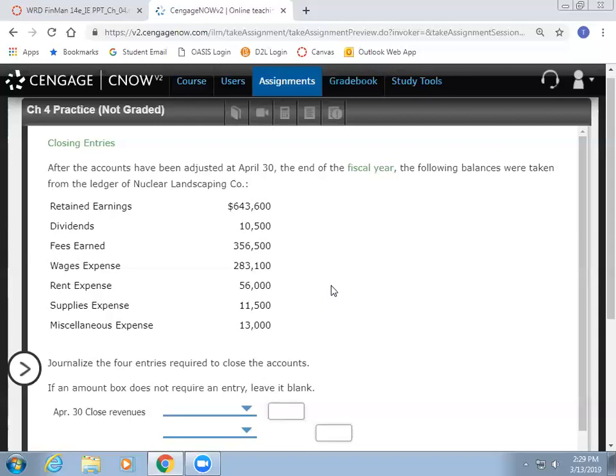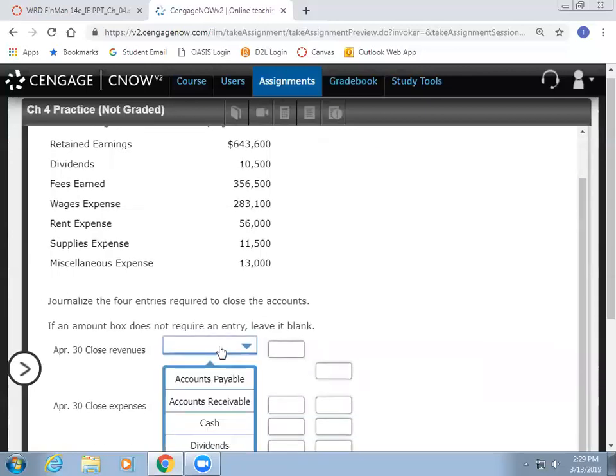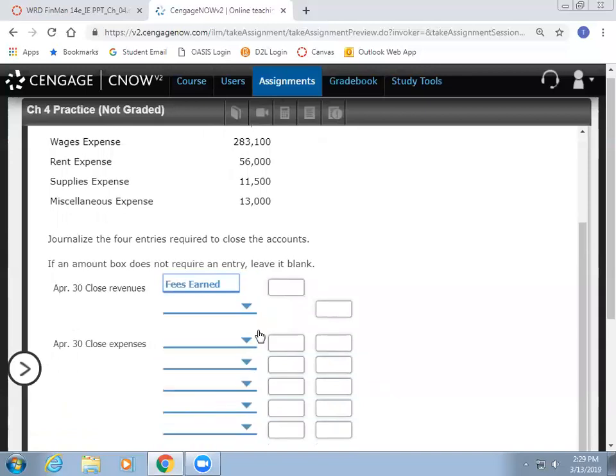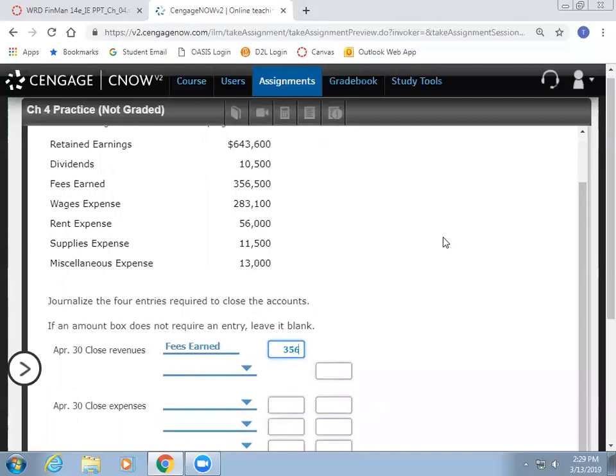That is always your first closing entry. You will always debit revenue and credit income summary. You may have two revenue accounts, but you would do the same. You would just have two debits and one credit. So I'm debiting fees earned, just to balance it out. We are zeroing it out.